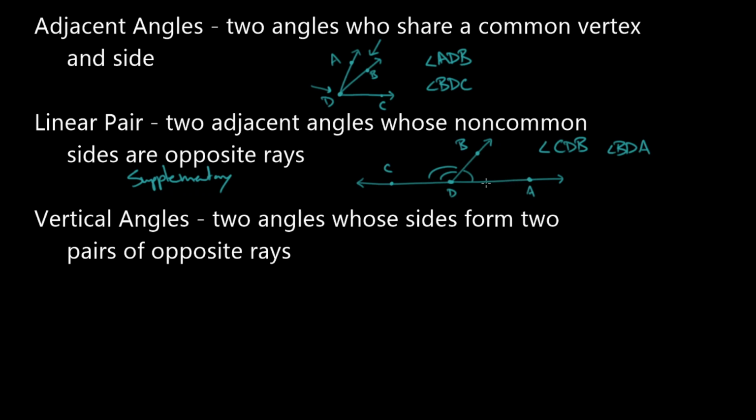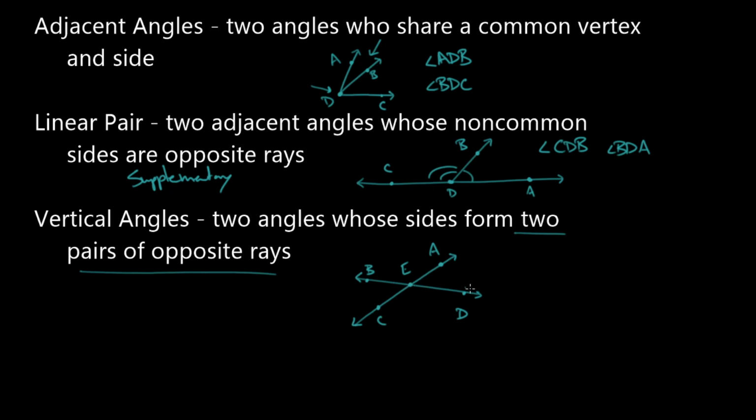And then last but not least, we have vertical angles, and that's two angles whose sides form two pairs of opposite rays. So they share a vertex, and then they create two pairs of opposite rays. So when I say they create two pairs of opposite rays, what I mean is that they form two lines. And so I actually have more than just one pair here, I have two pairs of opposite rays.